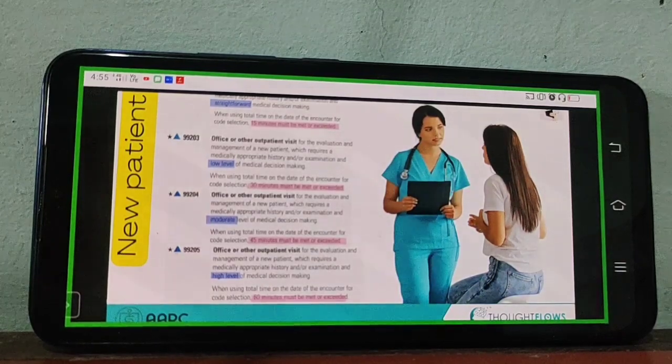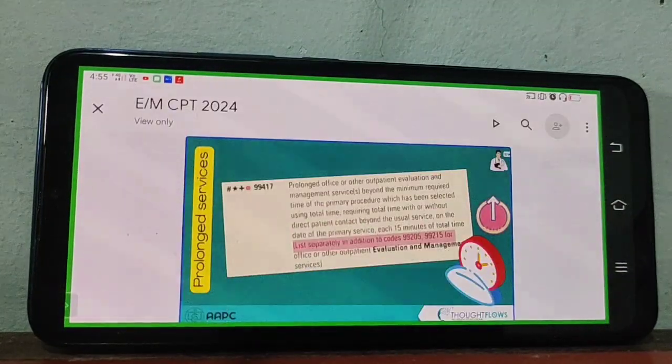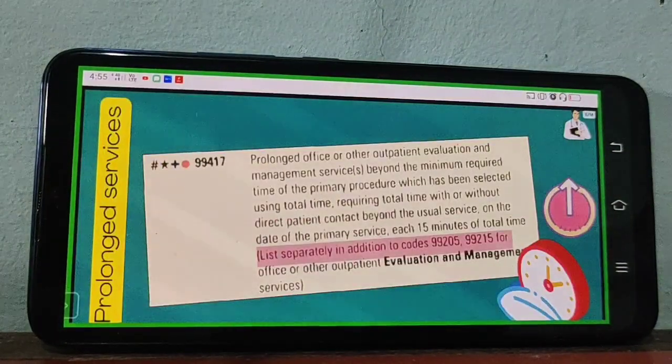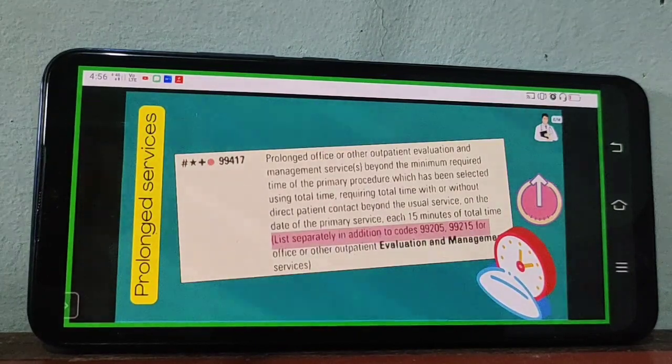We have to apply the maximum time code. Then how many minutes remain? 60 minutes. Because of 120 minutes, for the first 60 minutes, 99205. Then in the remaining 60 minutes, how many 15s? Four. So we have to apply 99417 into 4.